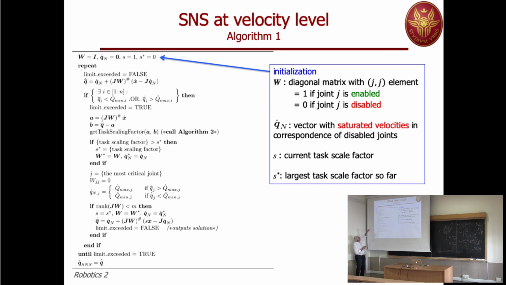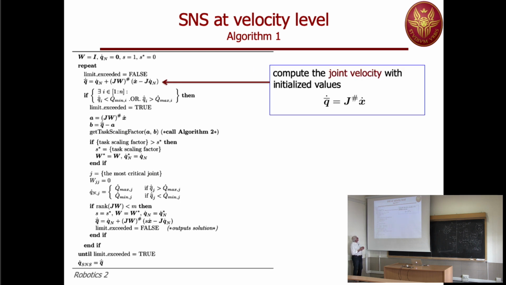So the whole algorithm is within a repeat until loop, and this repeats until you find that there's no limit exceeded. So this condition is true. You start saying that this condition is false, that you're exceeding some limits, and then you will reset this if instead you're saturating.